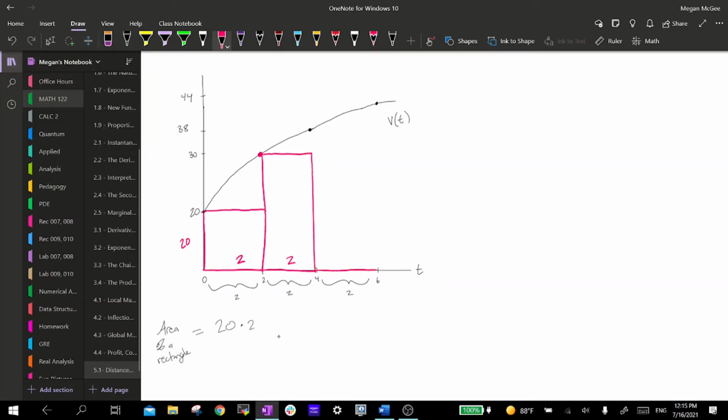Our next interval, now we have this rectangle, so we have 2 times 20, and that's our last rectangle.